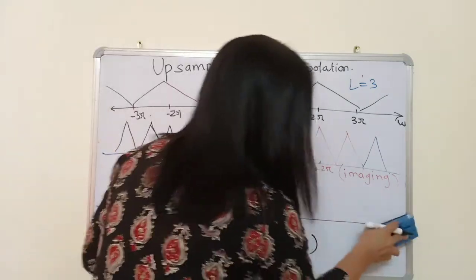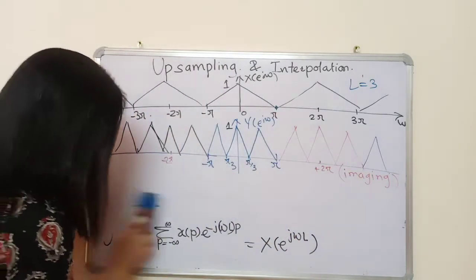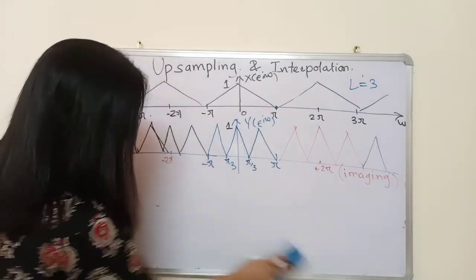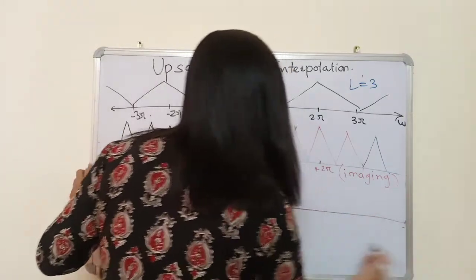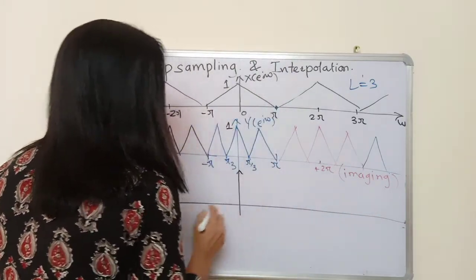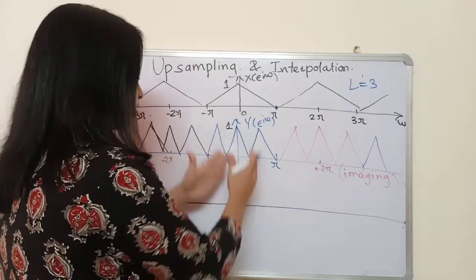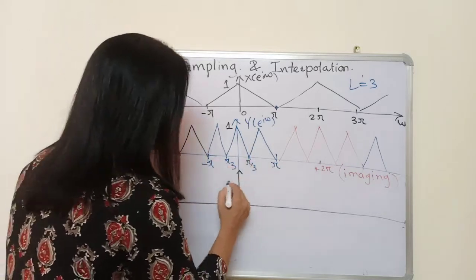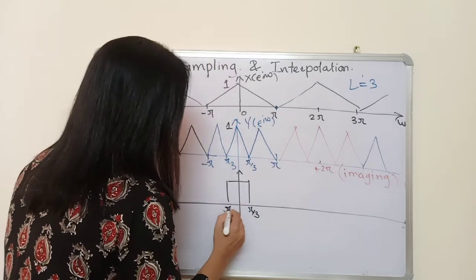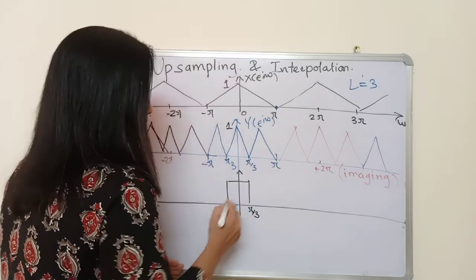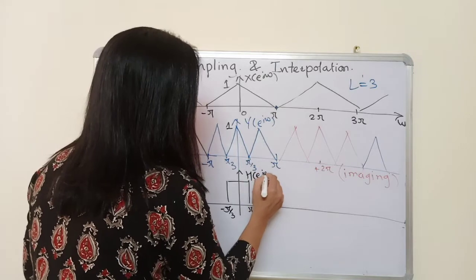So we want only this middle part. We can use a low pass filter with cutoff frequency pi by 3. This is my pi by 3. We can call it H of e raised to j omega.